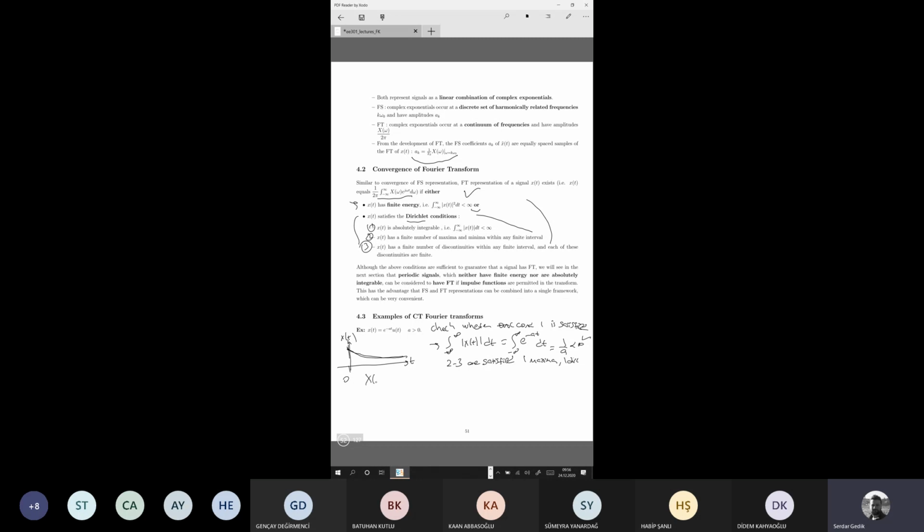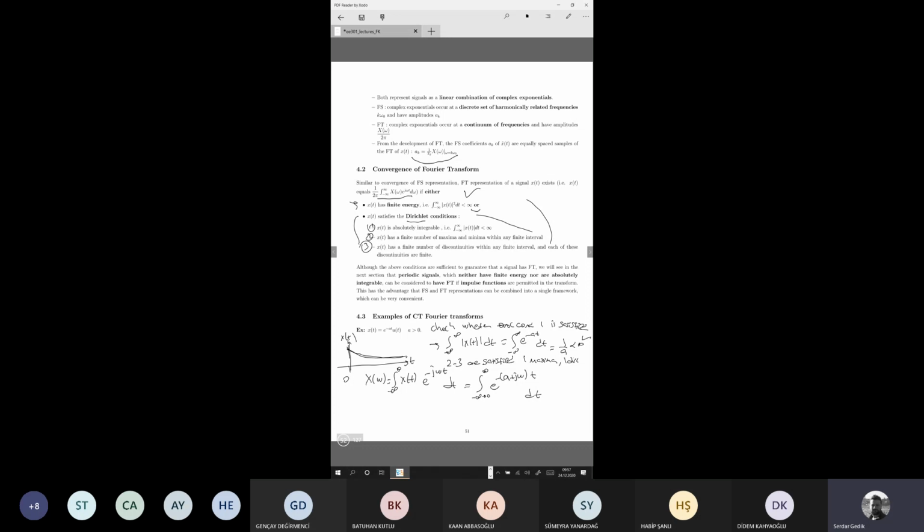So let's write the analysis equation. The integral of x(t) e to the power minus j omega t dt, from minus infinity to plus infinity, or I can switch this to 0 because the signal starts from 0. It is the integral of e to the power minus (a plus j omega) t dt.